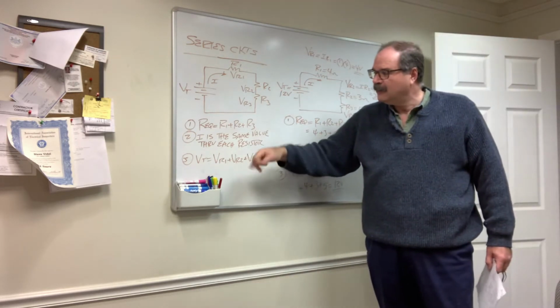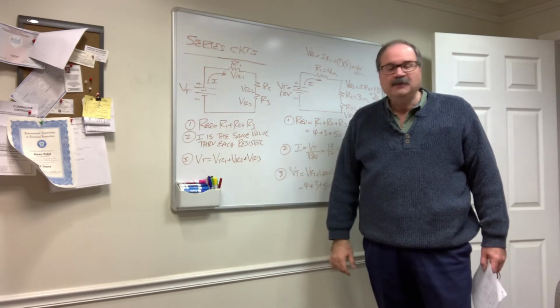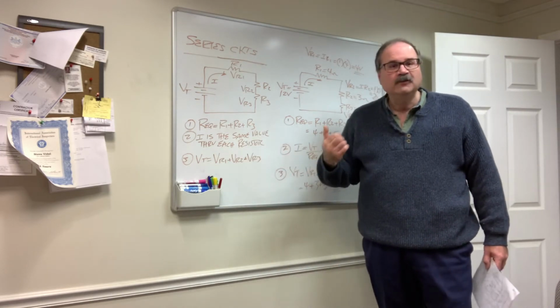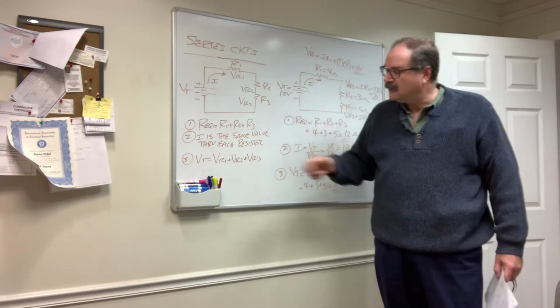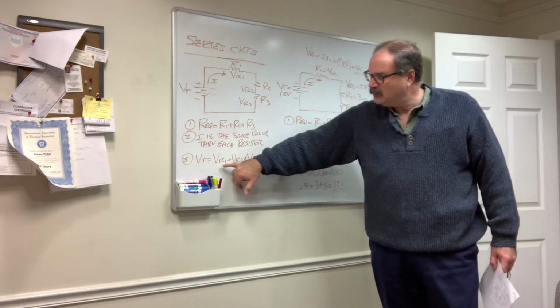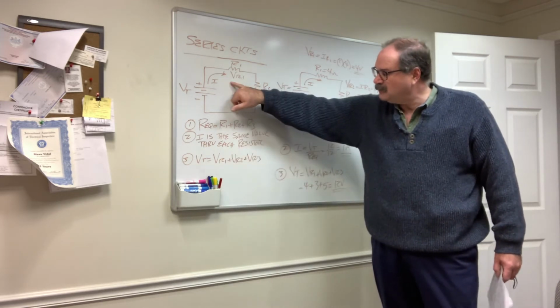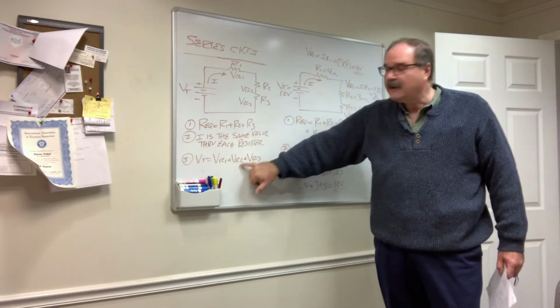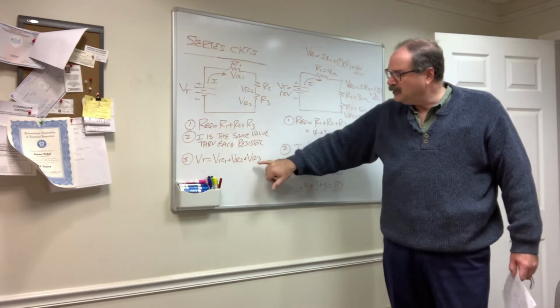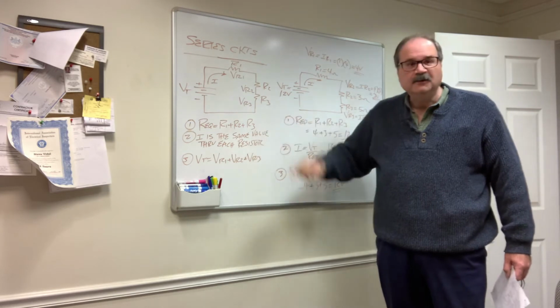And the last rule, the total voltage, V sub T, is going to be equal to the sum of the voltage drops in the circuit. So V sub T is equal to the voltage drop across resistor 1, plus the voltage drop across resistor 2, plus the voltage drop across resistor 3.